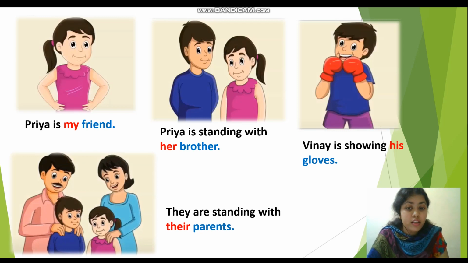Again, the word parents is a noun and the word their, since it is coming before the noun parents, is an adjective. And all these words, my, her, his, their, are showing possession. These all are showing relation. Fine. And all these words are called possessive adjectives.